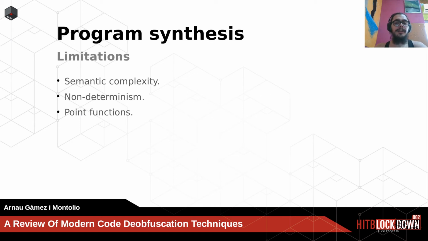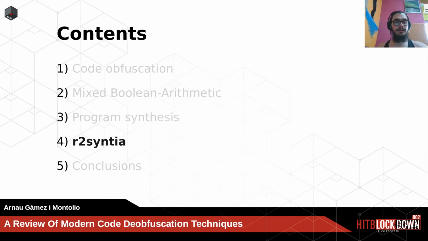And finally, what we call point functions, which are those functions that give us the same output value for all inputs except one specific input that gives a different output. If we try to synthesize such expressions just from randomly sampling the input space, it will be very difficult to get anything meaningful.